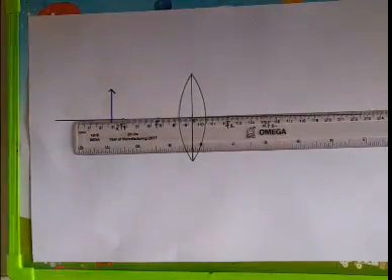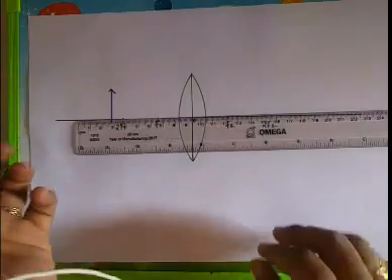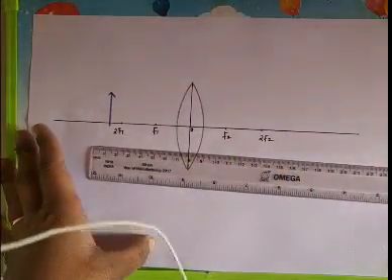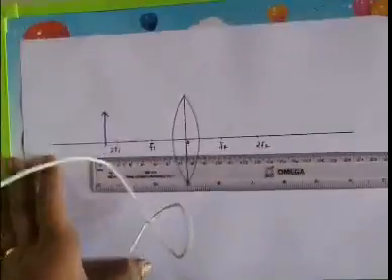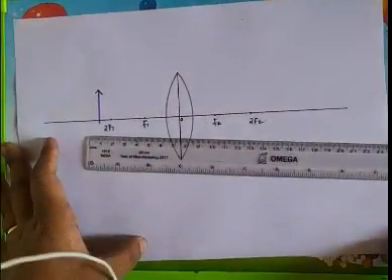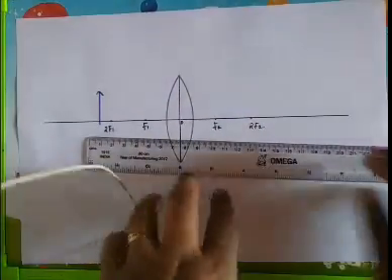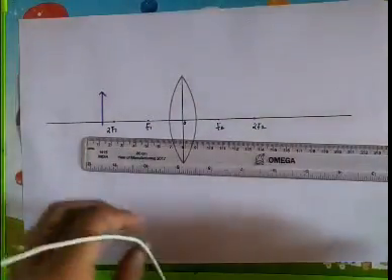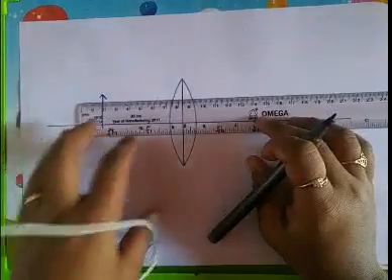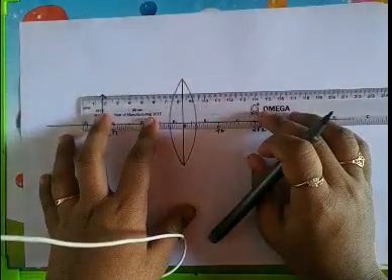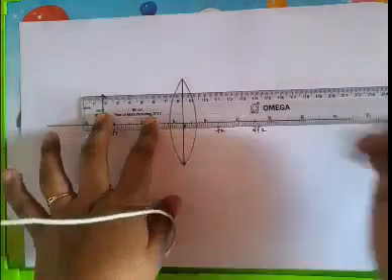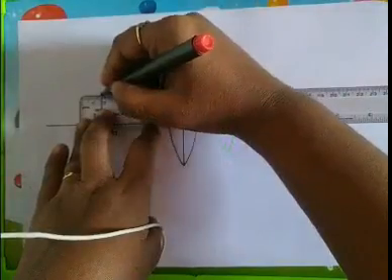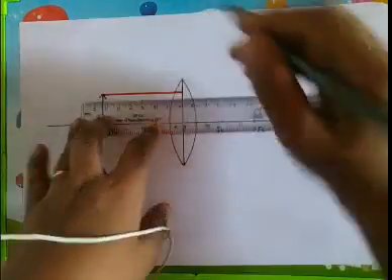Of the three rules which we use to draw the ray diagram, we will apply any two rules. I am using the first rule: if an incident ray is parallel to the principal axis. Here I am drawing an incident ray which is parallel to the principal axis.